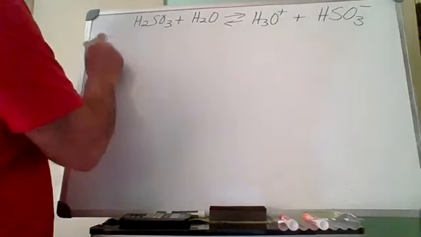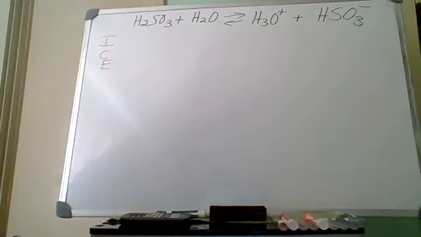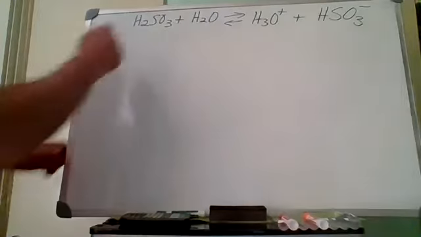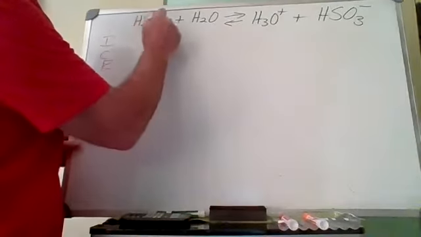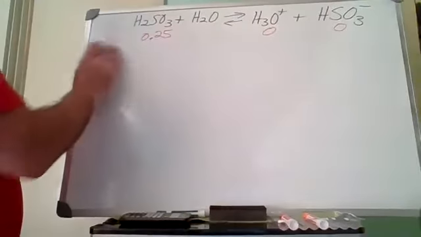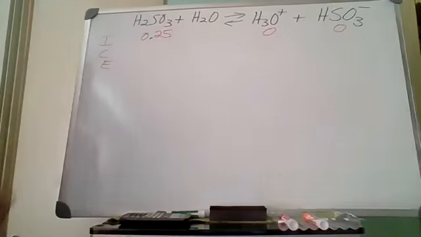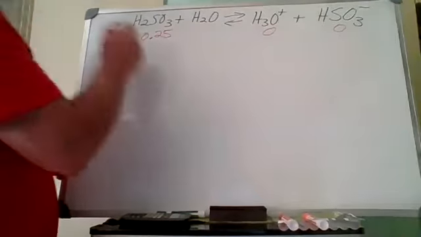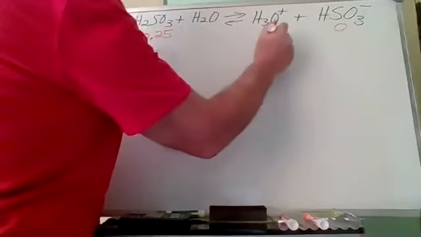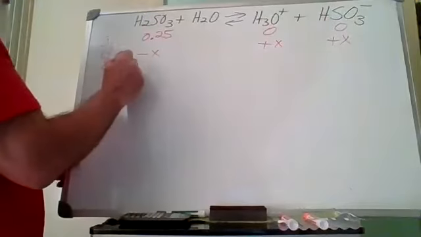We're told that the concentration of the starting solution is 0.25 molar, and the products start at 0 and 0. The change is going to be minus x, plus x, plus x. And at equilibrium, just add them together.